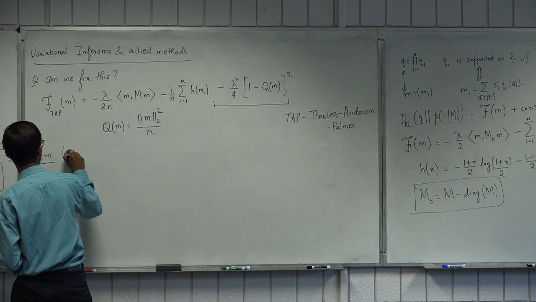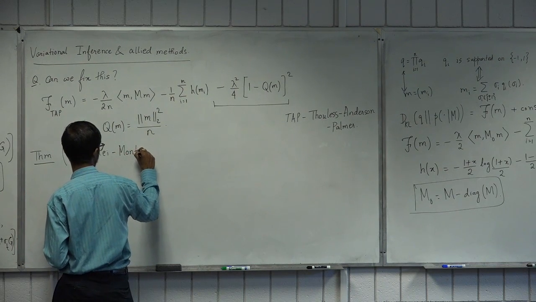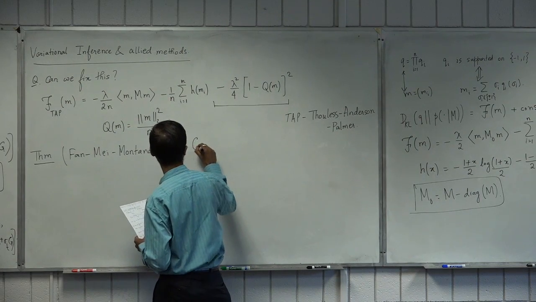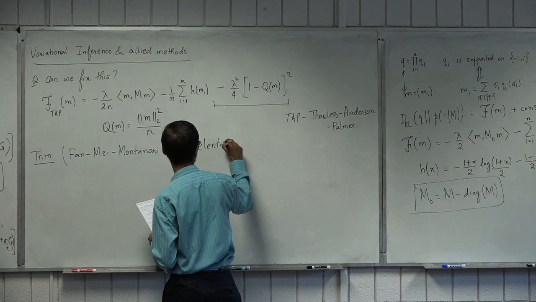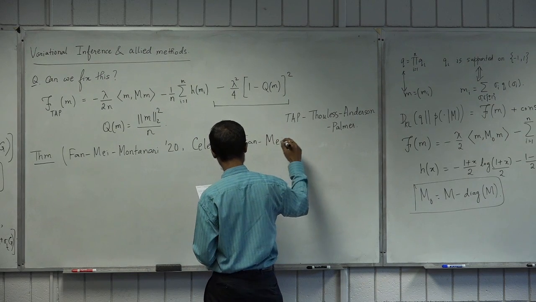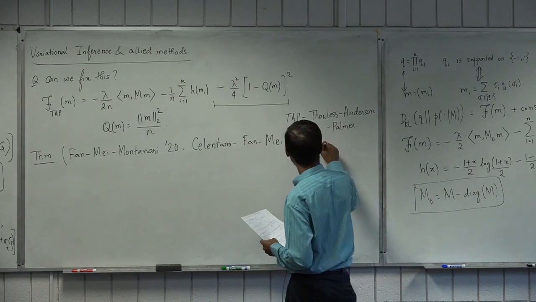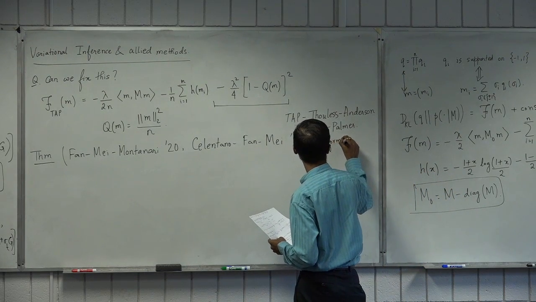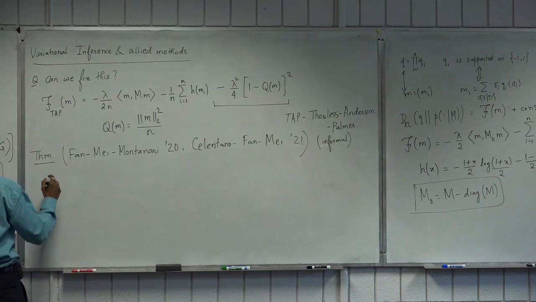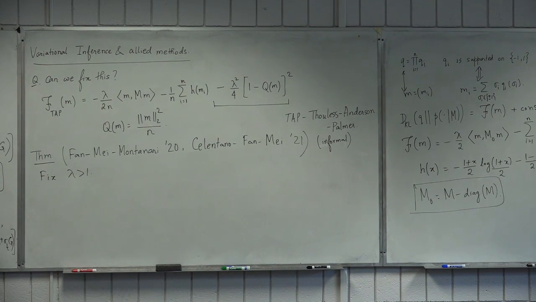This was actually started by Fan, Mei and Montanari in 2020, and then there is a more recent result by Celentano, Fan, Mei, which is from a year ago. Okay, and I'll state this result informally. But the result essentially is that you fix any lambda bigger than 1, right?